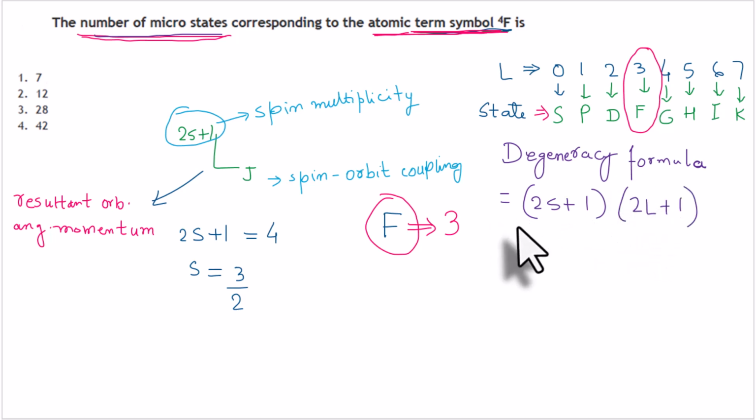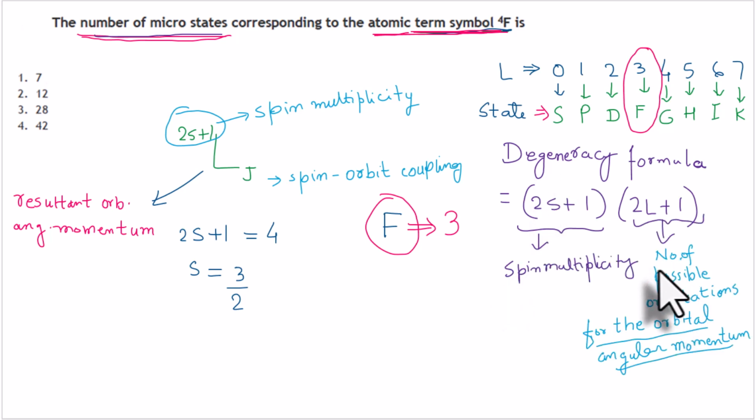The spin multiplicity we already know. 2L plus 1 gives the number of possible orientations for the orbital angular momentum. We have L equal to 3 here, so how many orientations are possible?